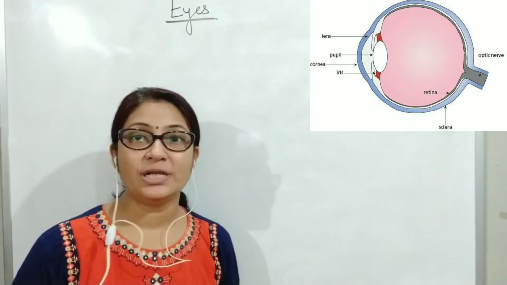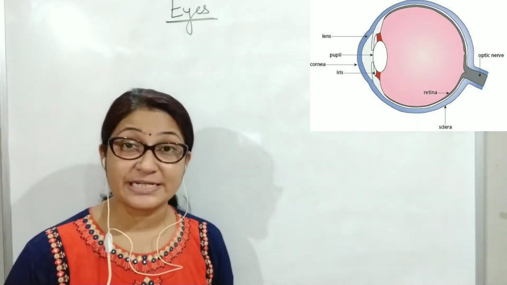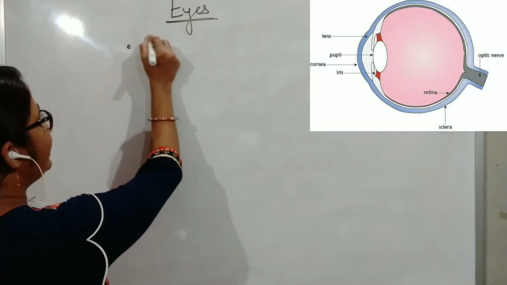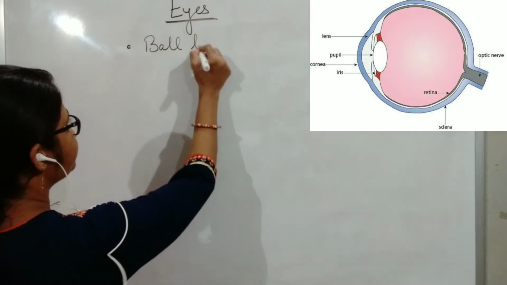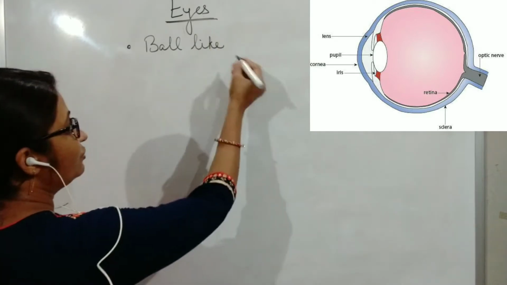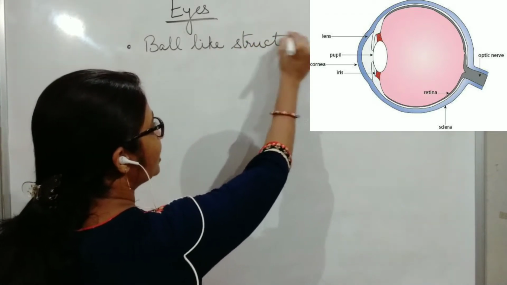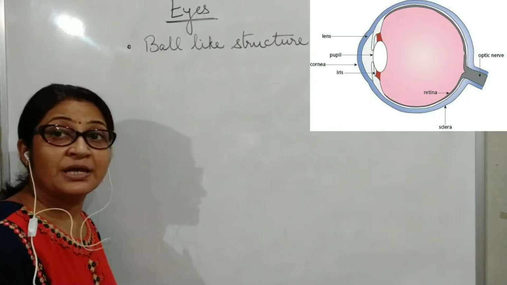As you are all quite aware, our eyes are ball-like structures, as you can see here.